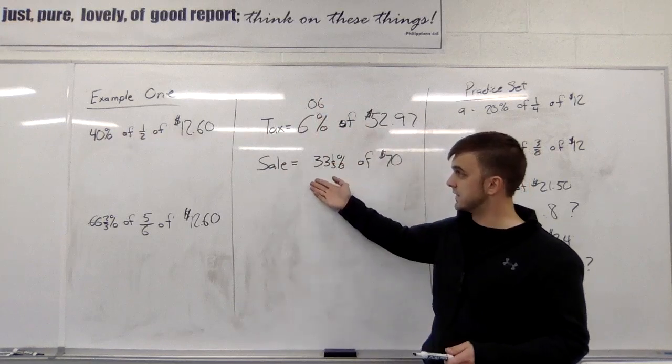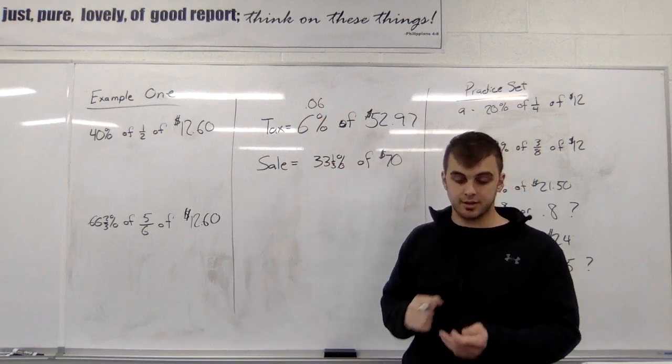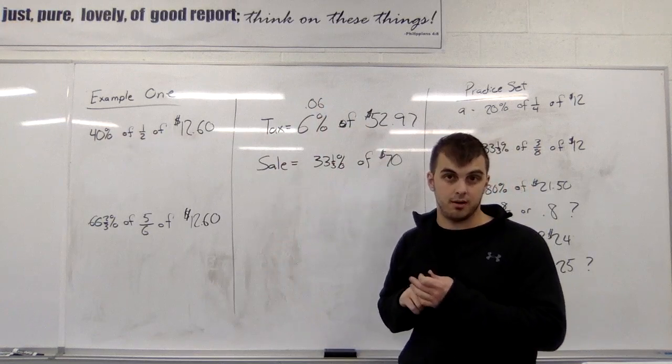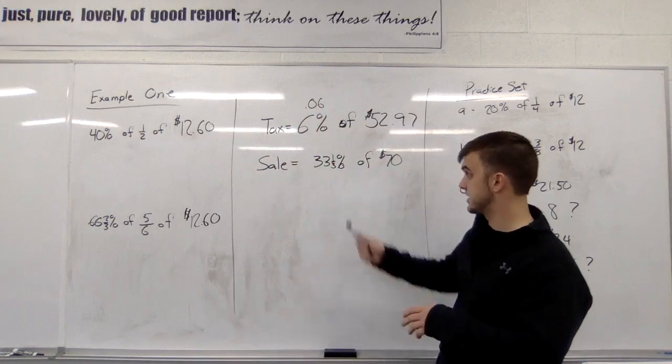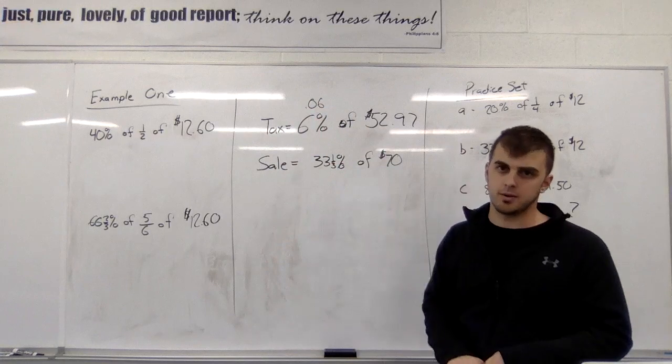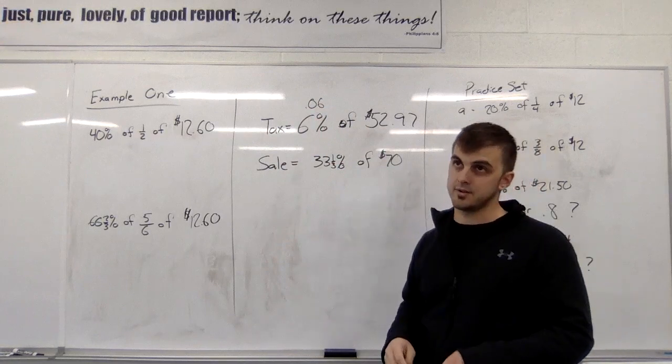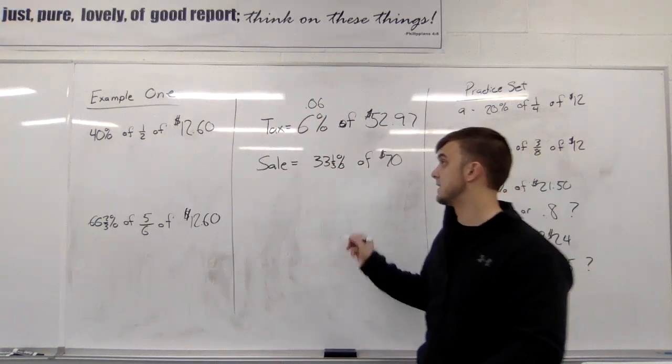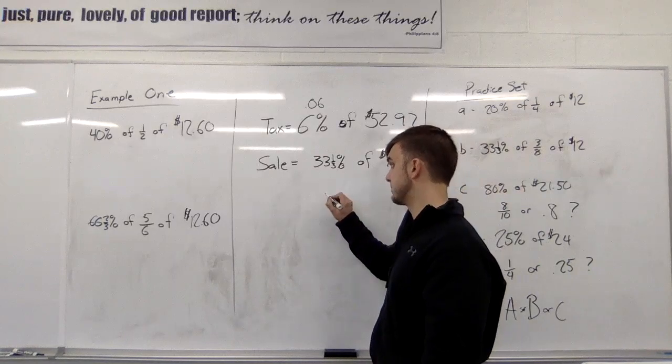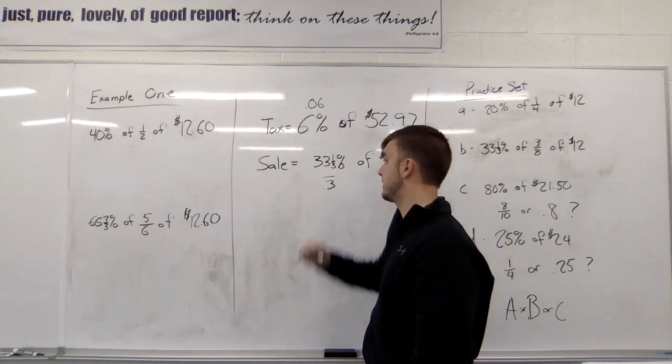Second thing is if something is on sale and it's 33 1/3% off. So what is 33 1/3% of $70? Well, how would you go in your calculator? 33 1/3% written as a decimal is 0.3 repeating.